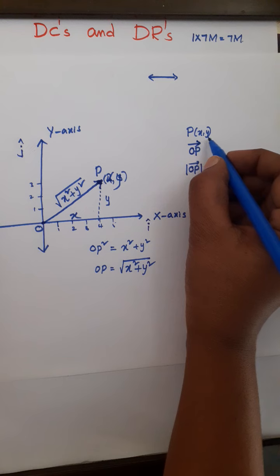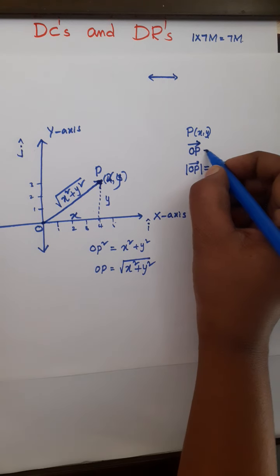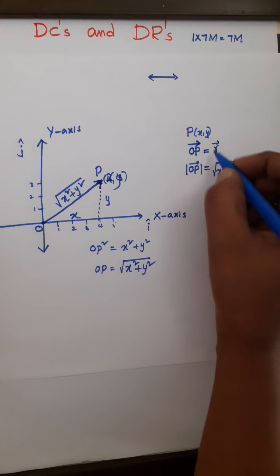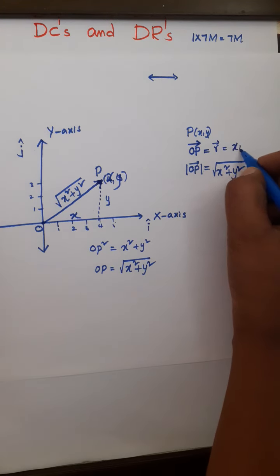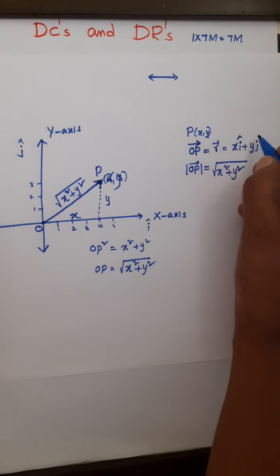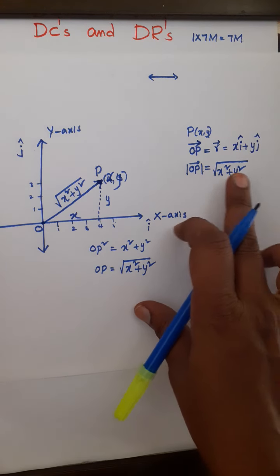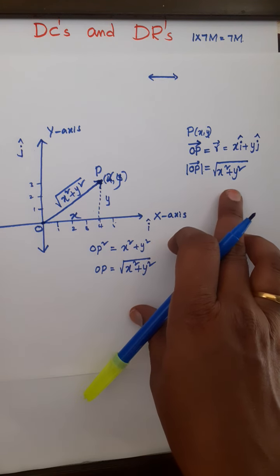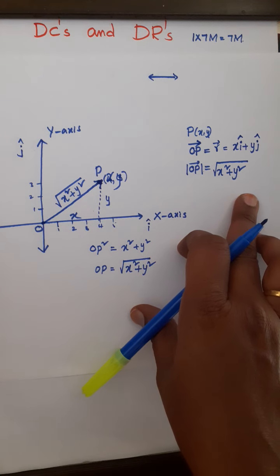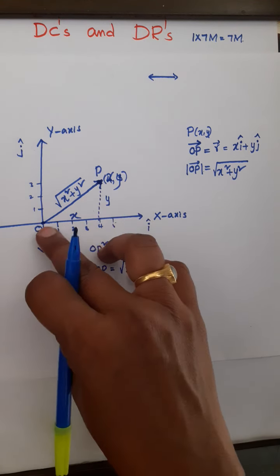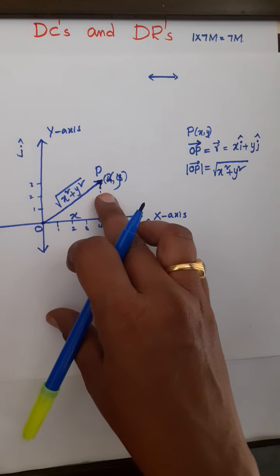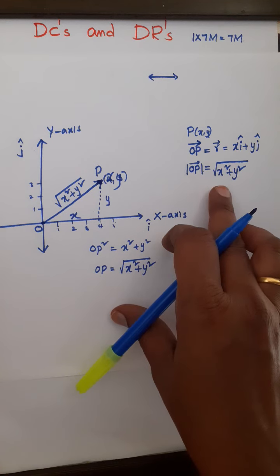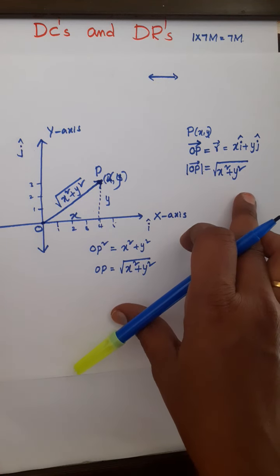If P is a point (x, y), then the position vector OP, also denoted by r, can be written as xi plus yj, and its magnitude is modulus of OP equal to under square root of x square plus y square, right? When you have a point P here, the OP vector is denoted by xi plus yj and its magnitude is given by under square root of x square plus y square.